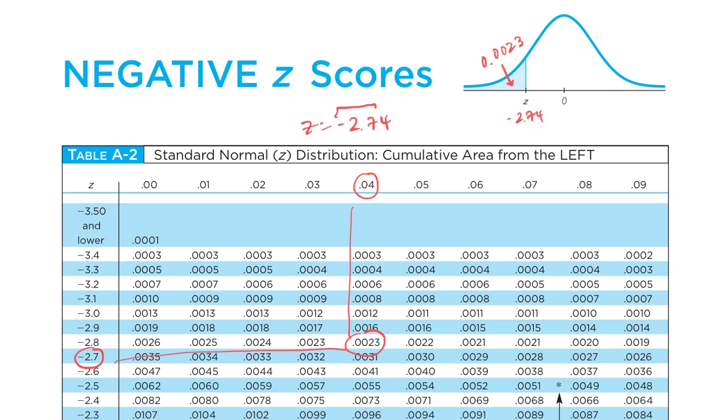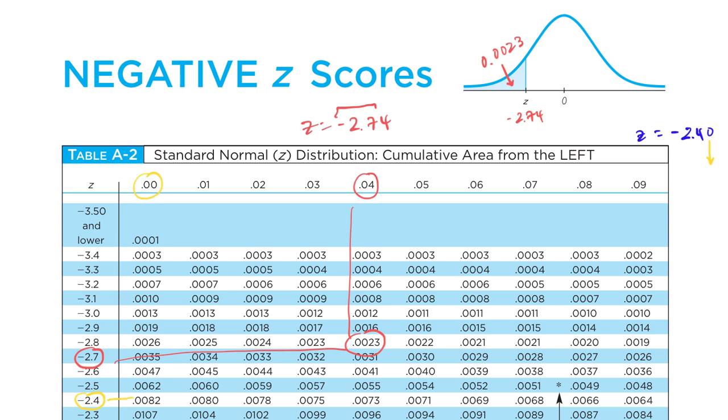Let's find another z-score. If the z-score this time, a different z-score, is negative 2.4, which is negative 2.40, then we will do the same thing. We first go to the first column and locate negative 2.4. 0 is in the hundredth place, and to find it, we would need to go to the first row, and that is 0.00.